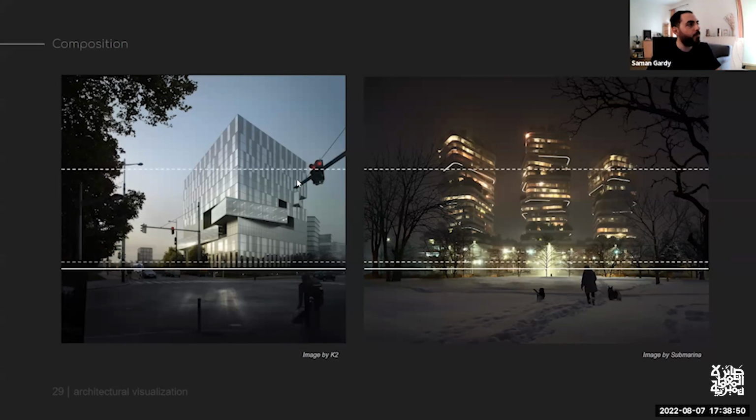And if we divide the images into 3 parts, we notice that the horizon line is in the first part of these 3 rectangles. So it's in the 1/3 of the image. That's why never go above this line. Try to divide your image and then put the horizon line in 1/3 of the image. In that case, your image will look natural.